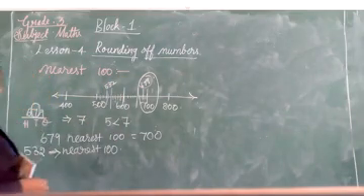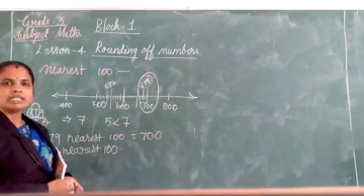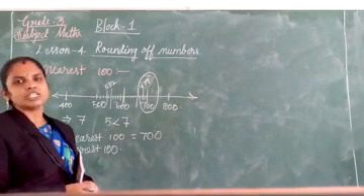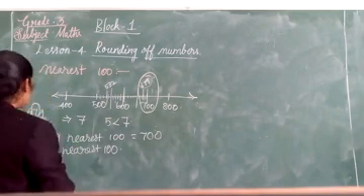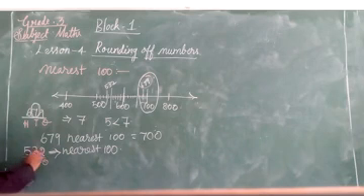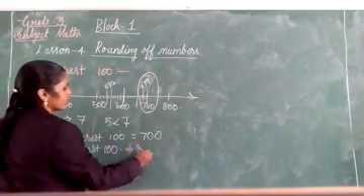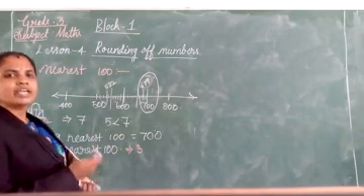That is here, 532. Okay. To round off the number to the nearest 100 means we should look at the digit at the place of tens. So what is the digit in the place of tens? This one is ones, tens, hundreds. In the place of tens we have the digit 3. Is the digit less than 5 or greater than 5?